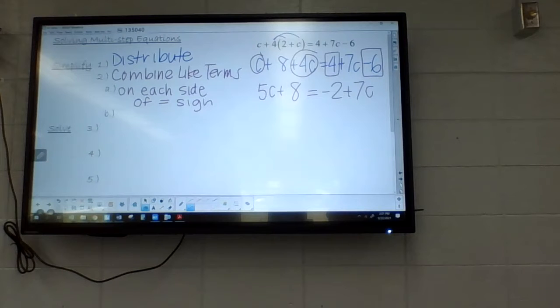I know some of you have already worked ahead and solved it. It's fine. But I like showing the steps just in case, like I said, this is a tougher one because it has so many steps. Now at this point, I like to bring the variables to one side of the equal sign or the other, whichever side we want to go.